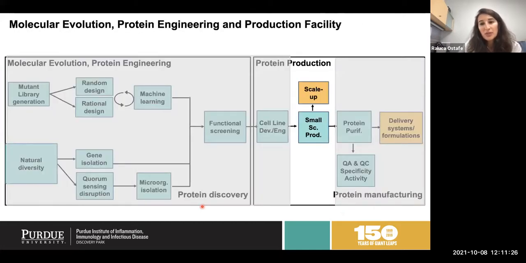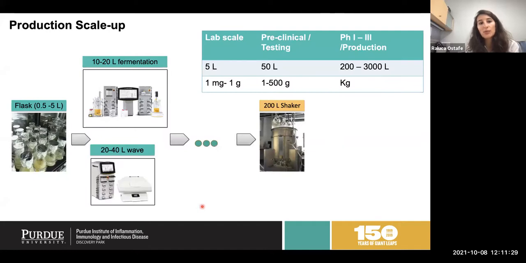We are equipped to do small-scale production in the lab. Of course, we have a lot of shakers and incubators for flask fermentations, but we are also equipped with real fermenters that can do 20-liter fermentation for the microbial cell lines and up to 40-liter fermentation for the mammalian cell lines.